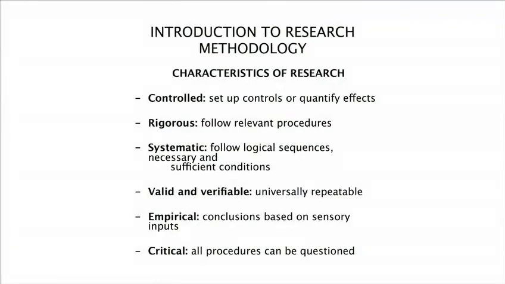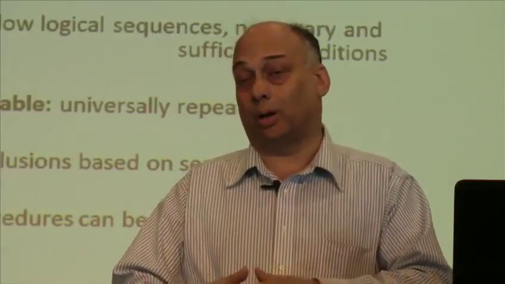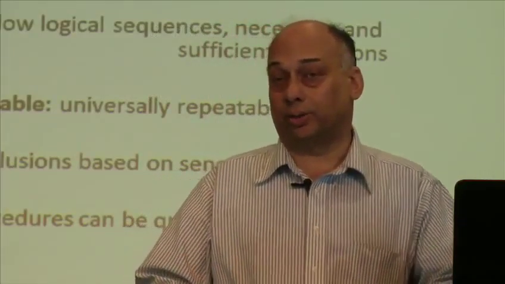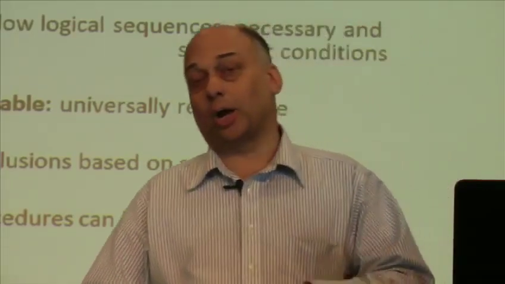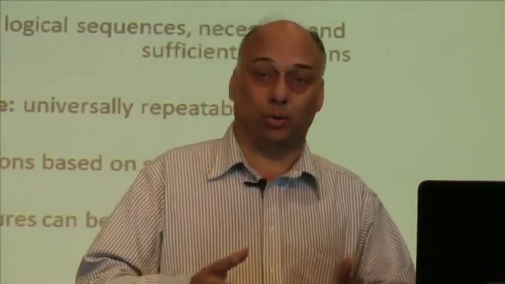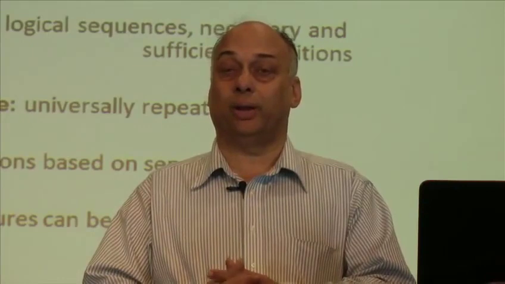Now, controlled means, you may wonder how we can control ongoing situations of life that are happening, that are unfolding. How can we research them if we control them? Well, the idea of controls again belongs to the very wide boundaries of what is called the scientific method.